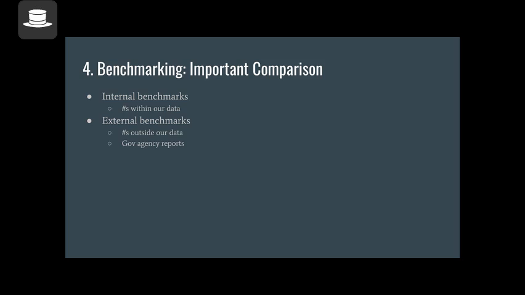If you're comparing numbers coming from your own data, say average spent on defense versus spent on social security, and it's coming from the same data, that's called an internal benchmark. The numbers that you're comparing are coming from your data. An external benchmark is when you're comparing your numbers with some other numbers outside of your data.